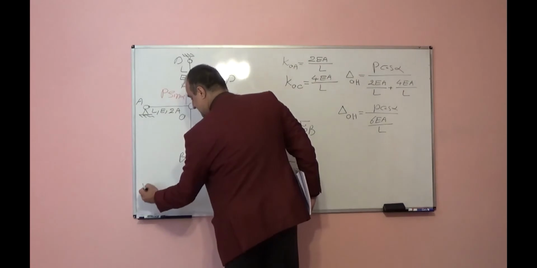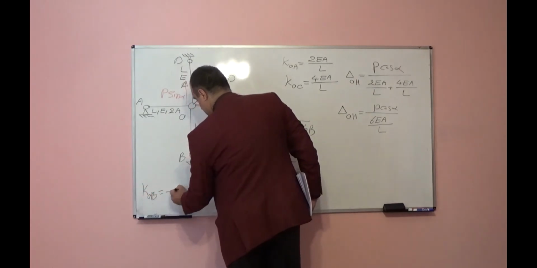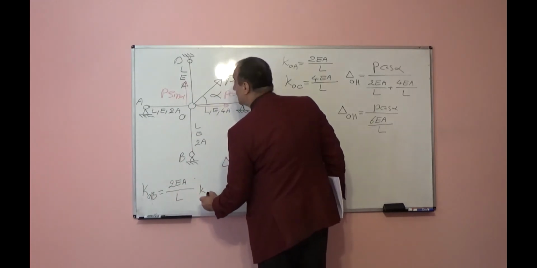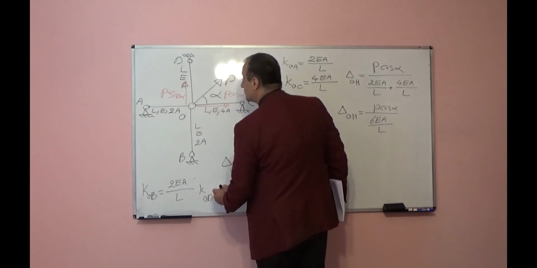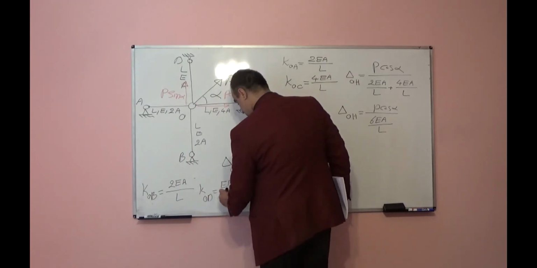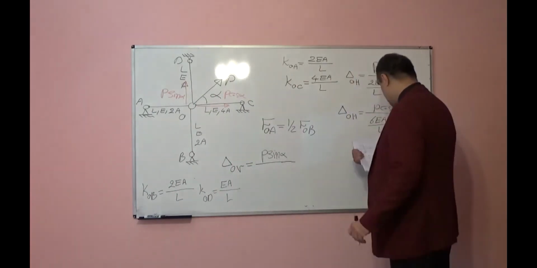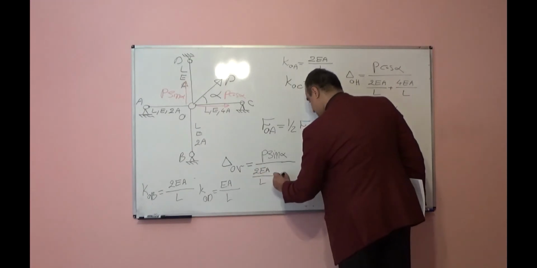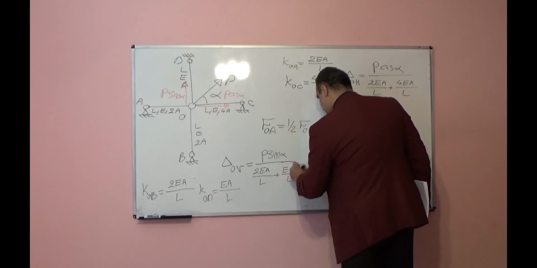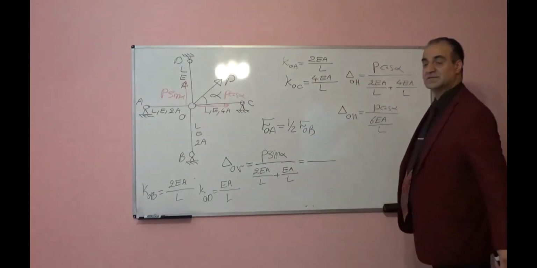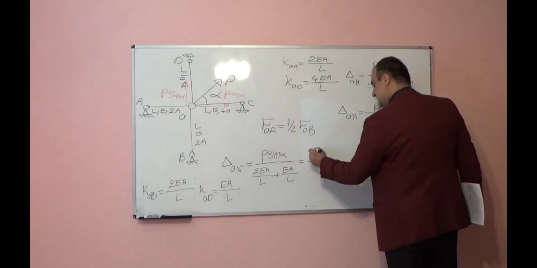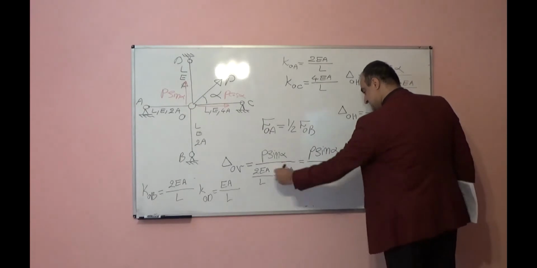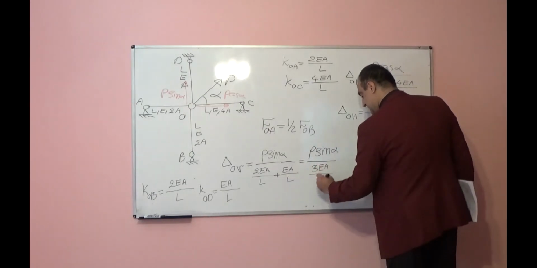You see the stiffness of OB is equal to 2EA over L, and the stiffness of OD is equal to EA over L. So if I add together, I will have 2EA over L plus EA over L. This means vertical deformation is equal to P sine alpha divided by total stiffness 3 EA over L.